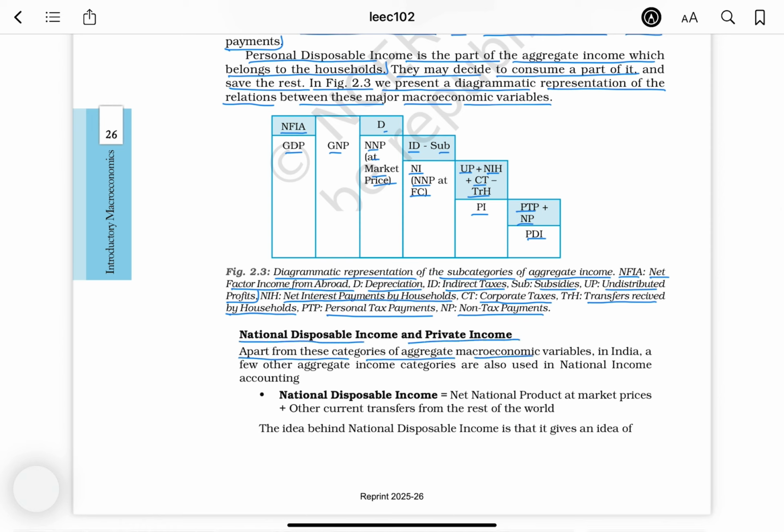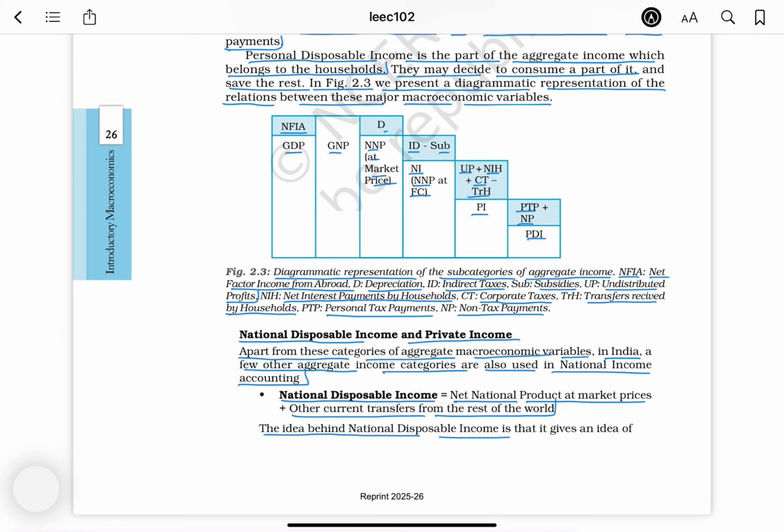Apart from these categories of aggregate macroeconomic variables, in India a few other aggregate income categories are also used in national income accounting: national disposable income and private income. National disposable income equals net national product at market price plus other current transfers from the rest of the world.